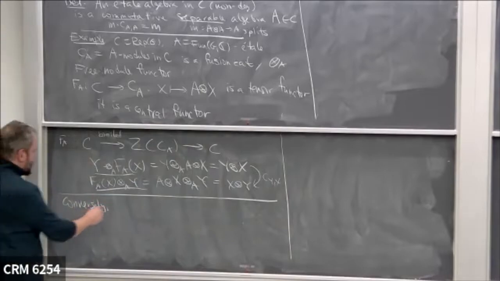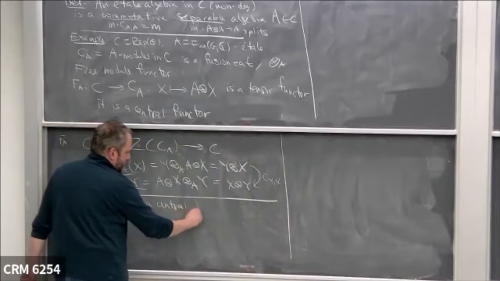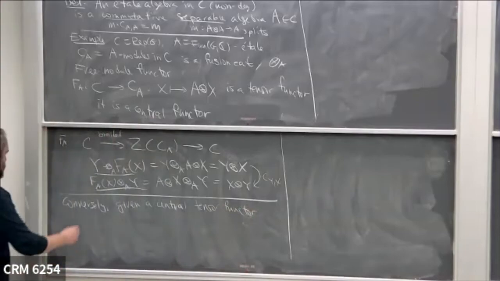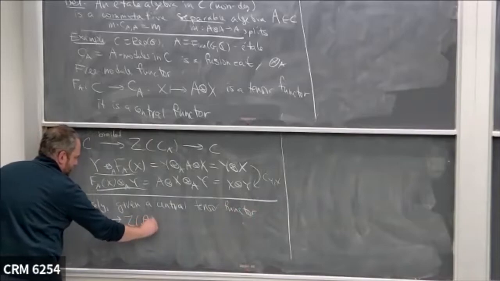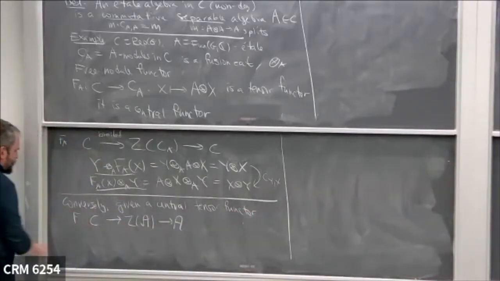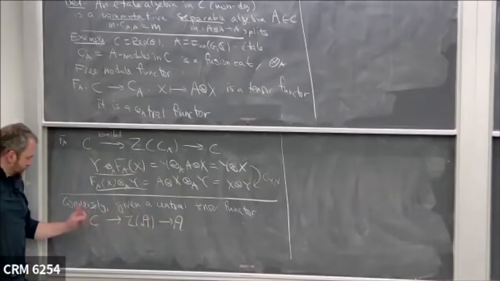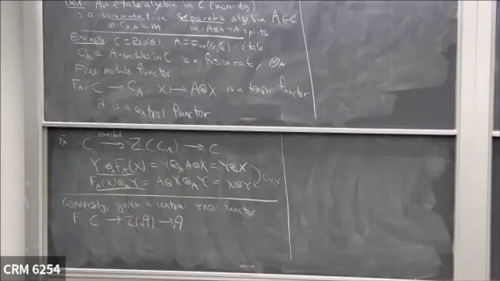So given a central tensor functor from C, let's say from C to some center of a fusion category A, like this. So we view it ultimately as a functor from C to A, but it factors through the center, right? So images of objects have central structure.